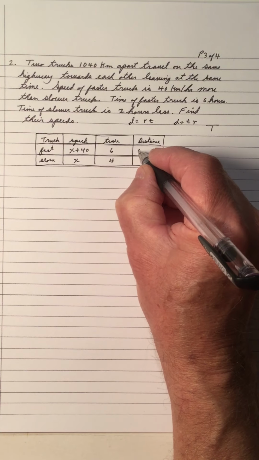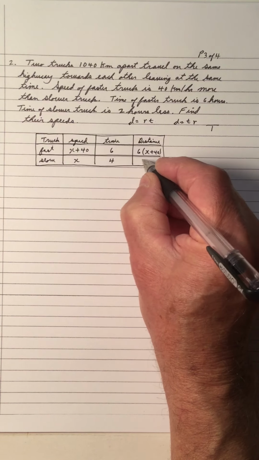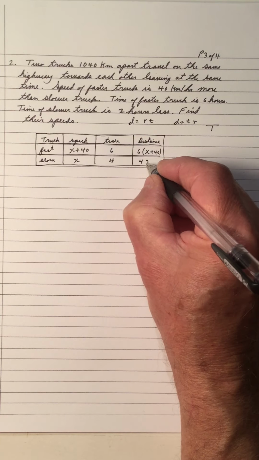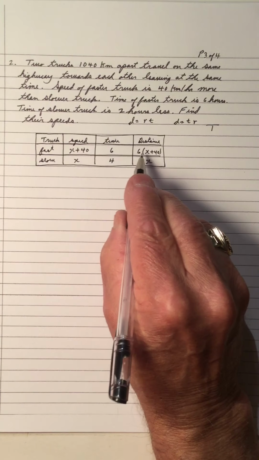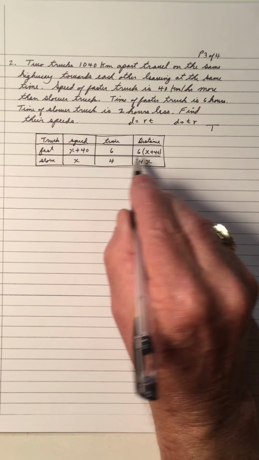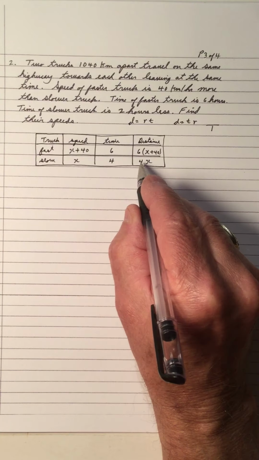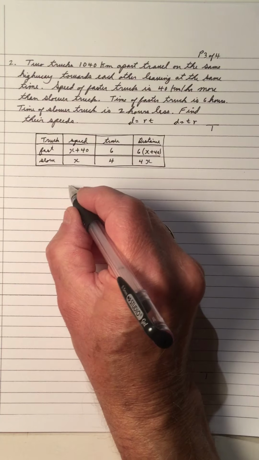So time is 6 times the rate, that gives you distance, and the time times the rate or speed is 4x. So the distance of the fast truck is 6 times x plus 40, and 4 times x is 4x. And it says the total distance between them is 1,040.